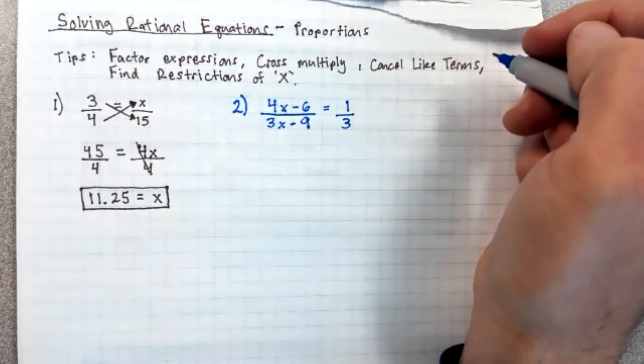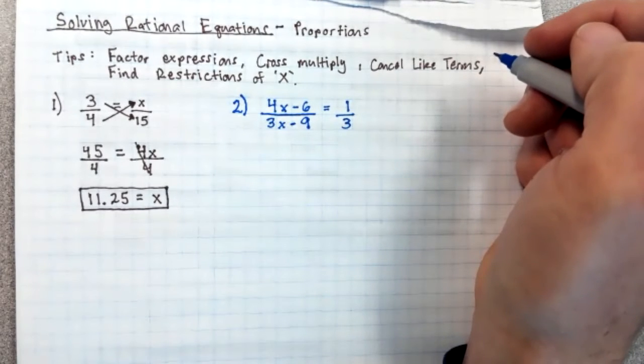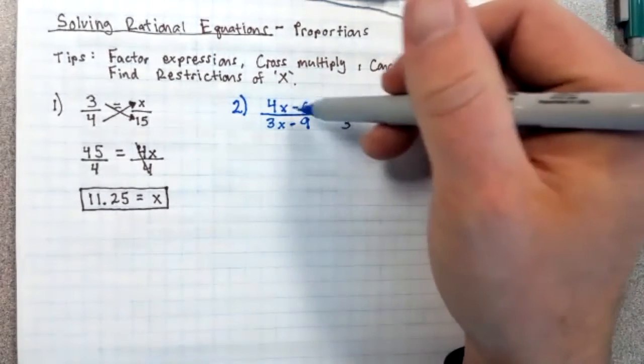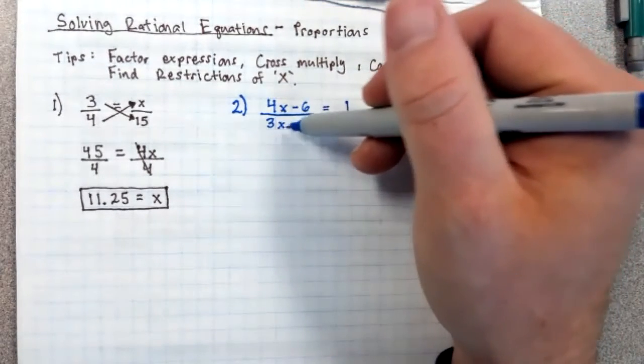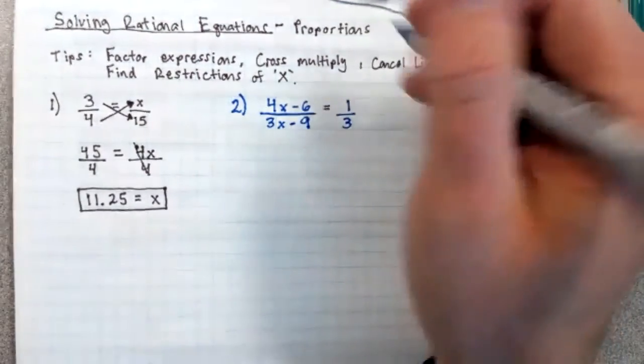So once again, good way to start this problem off would be to cross multiply. You could do a little bit of factoring to start off with if you wanted to. Like there's a greatest common factor here of 2 and a greatest common factor down here of 3, but it's okay. Let's just cross multiply.